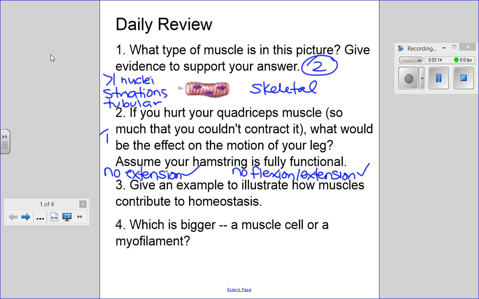Now question number 3 has a number of correct answers. I'm going to say that it's out of 2, and I'm going to show you an example of how you would get 2 marks. My example will be maintaining constant temperature.